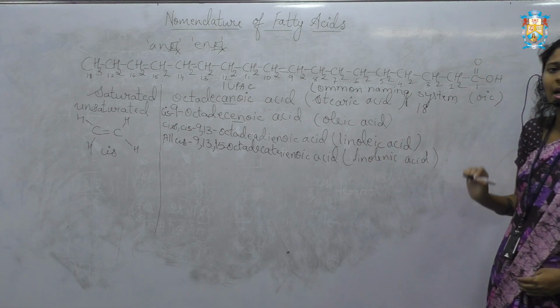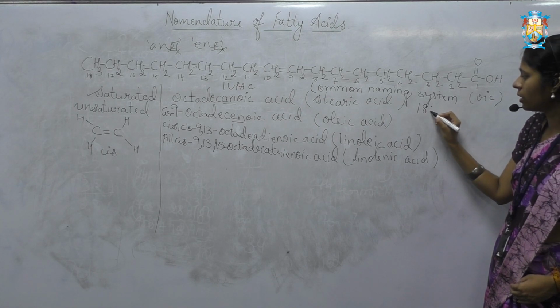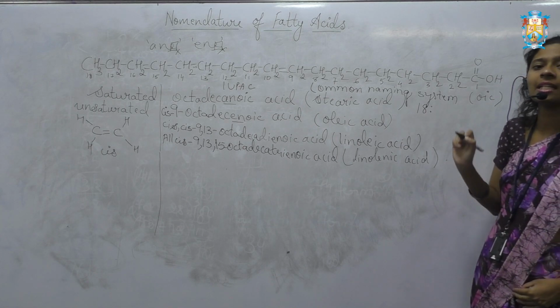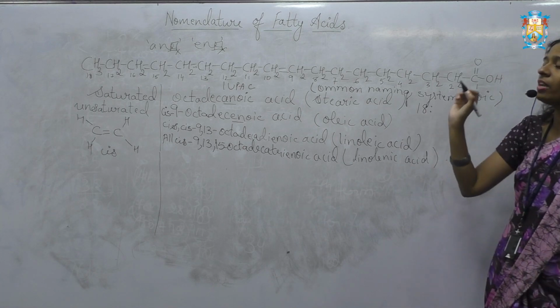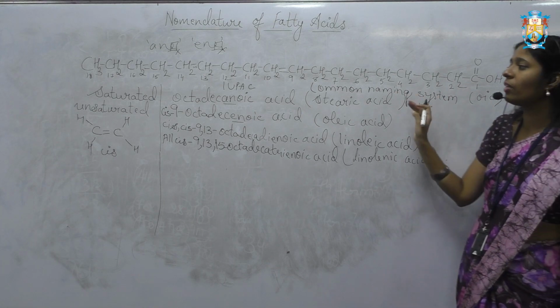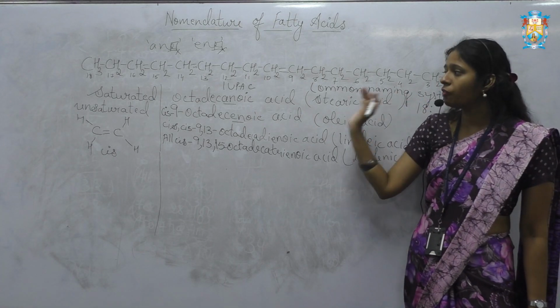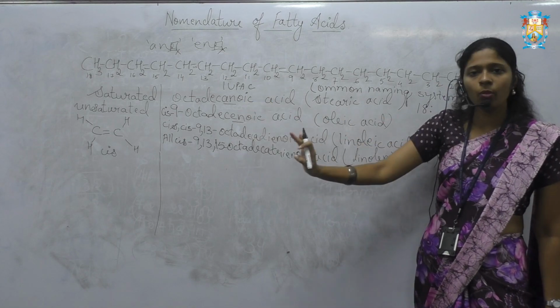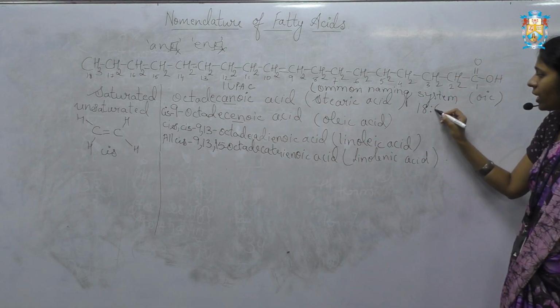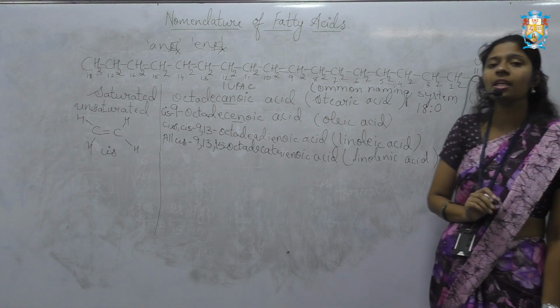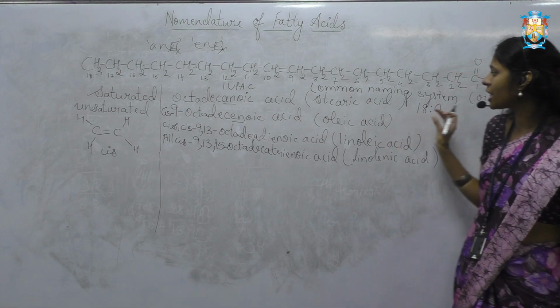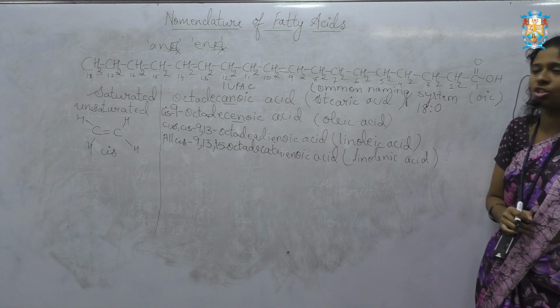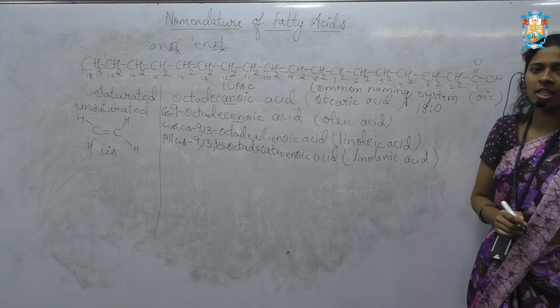We first write the 18 carbon atoms, then we put a dot indicating the double bonds, then we see on which position. The first chain, octadecanoic acid, had no double bond in the molecule, so we simply write a 0, indicating no double bond. This is the shorthand representation for stearic acid.